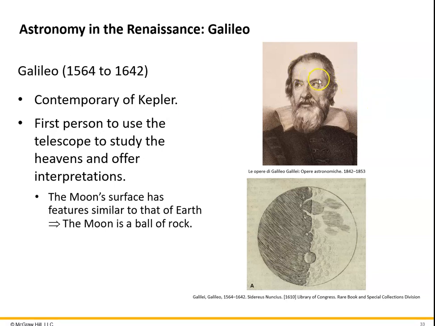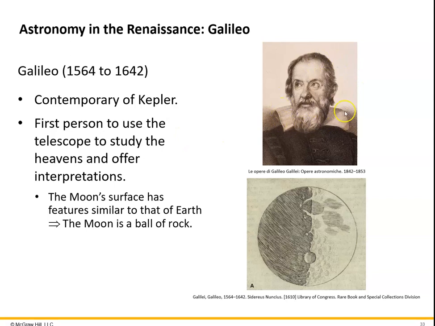Galileo, of course, was an Italian, Kepler a German, a Lutheran German, as a matter of fact. Kepler was a very stoic individual. There's some other writing that we have about Kepler that describes him as very stoic.